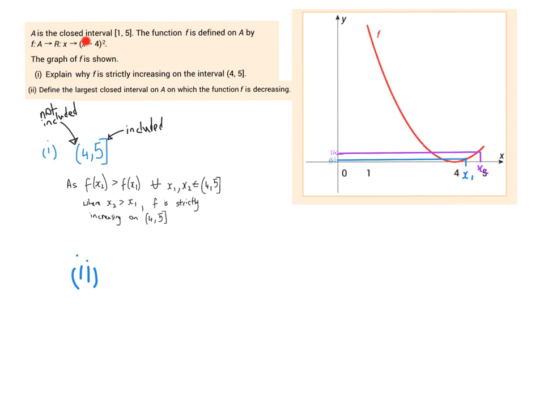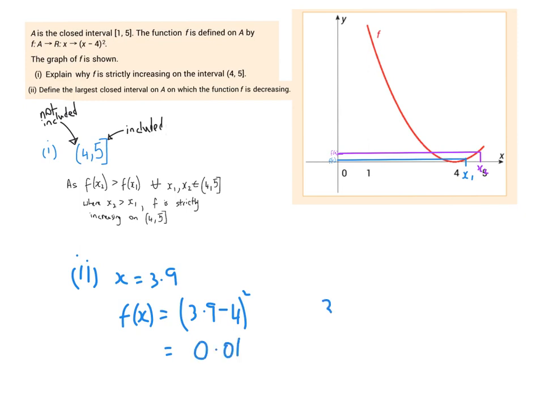And even if we were to test that out algebraically, if we had x equal to 3.9, f of x would be equal to 3.9 minus 4, all squared, which would give us 0.1 squared, which is 0.01.